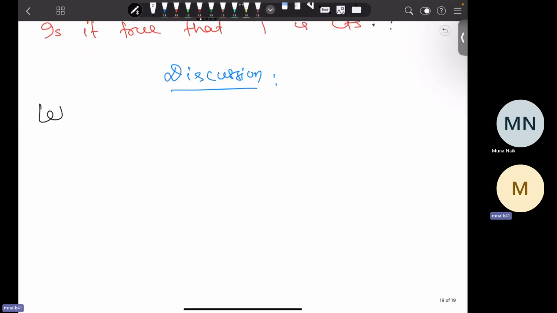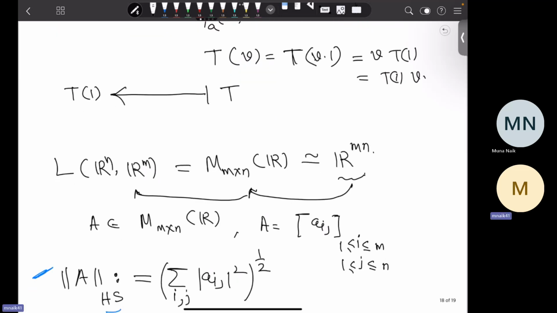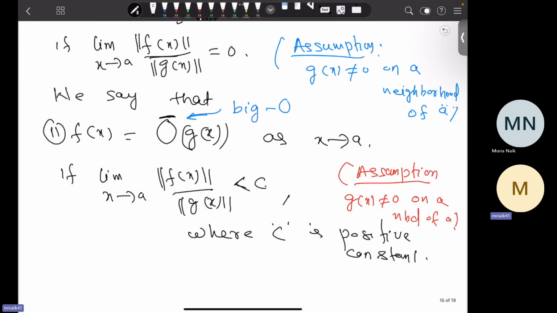So let T from Rn to Rm be a linear map. LM stands for linear map.